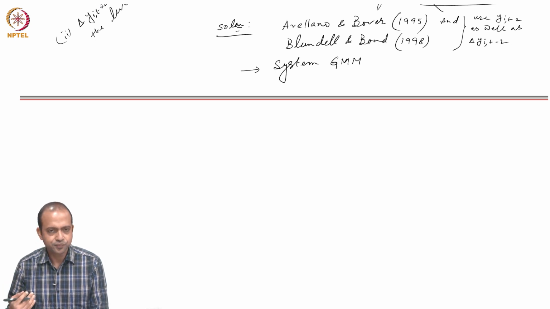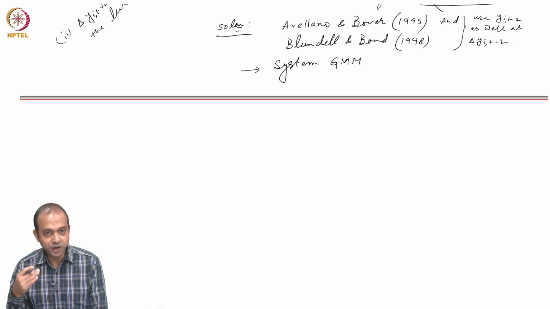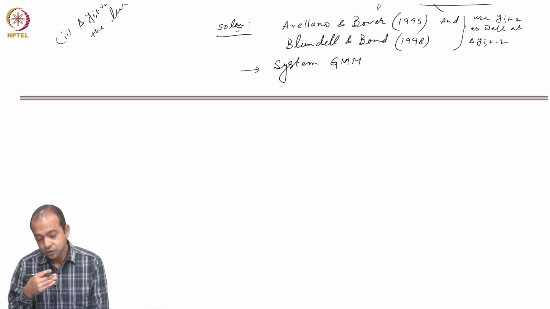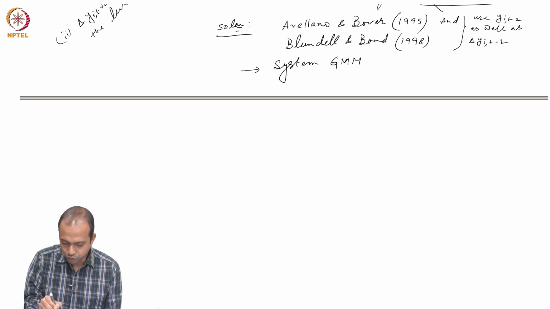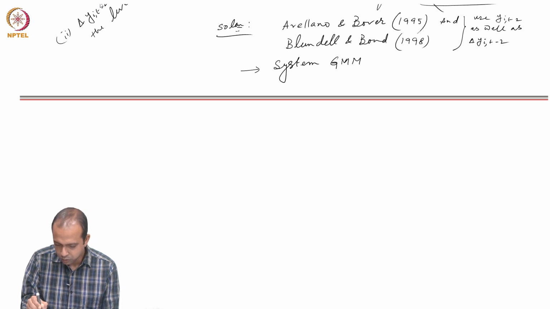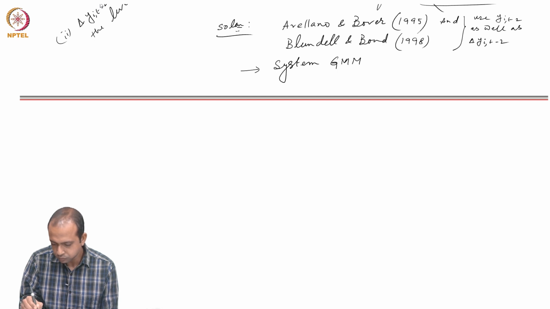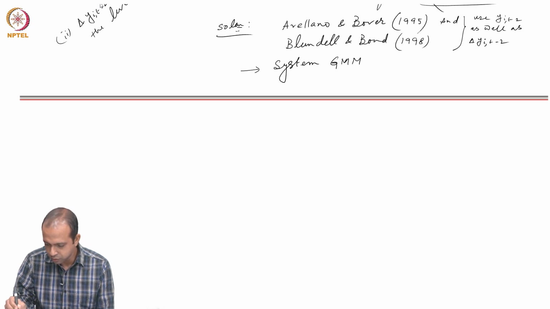But in this way, when you are estimating both difference and system GMM models, one disadvantage is that we are creating too many instruments, right?